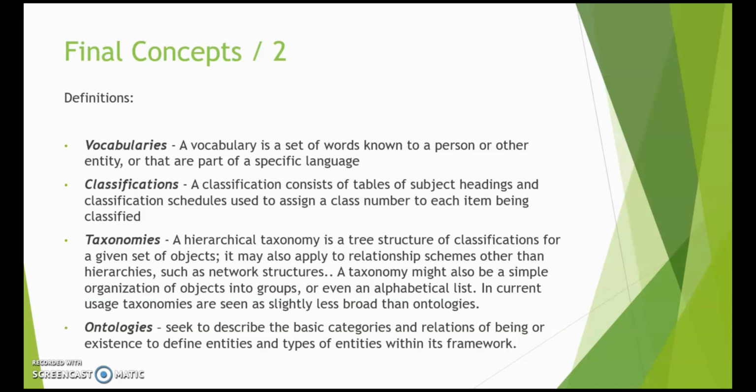It may also apply to relationship schemes other than hierarchies, such as network structures. It becomes more and more prevalent, both at the level of the internet and virtual shared information, as well as in the way structures are organized, for instance, in public hospitals. A taxonomy may also be a simple organization of objects into groups, or even an alphabetical list. In current usage, taxonomies are seen as slightly less broad than ontologies.